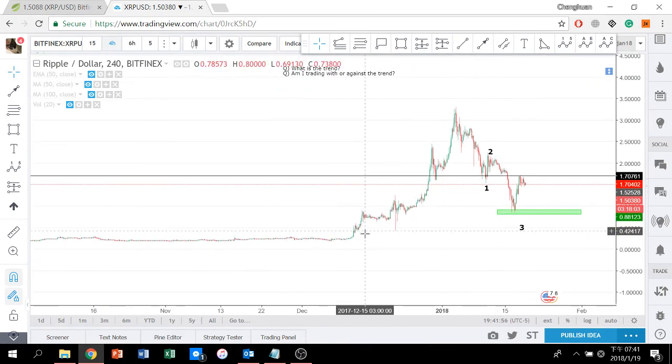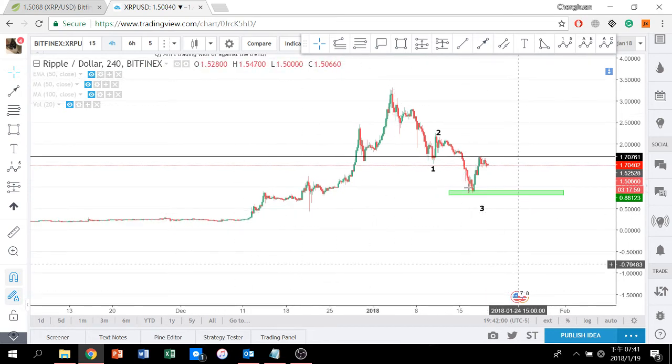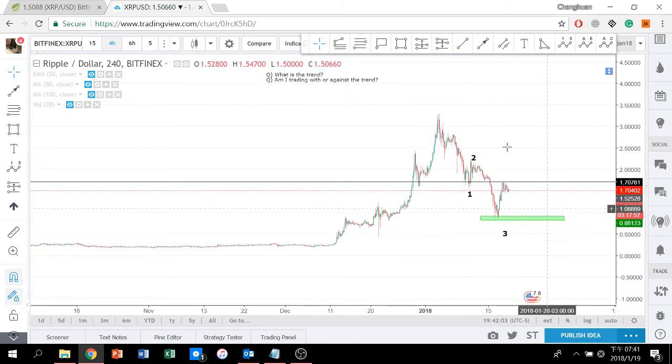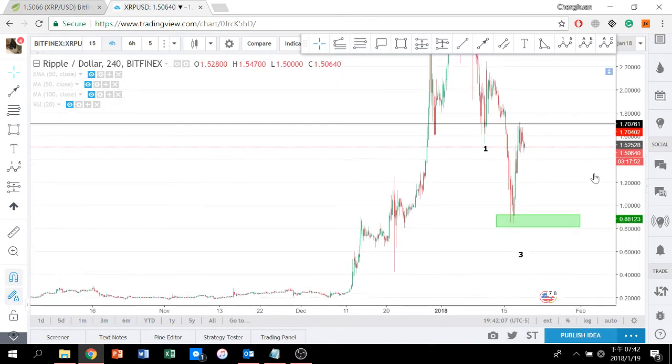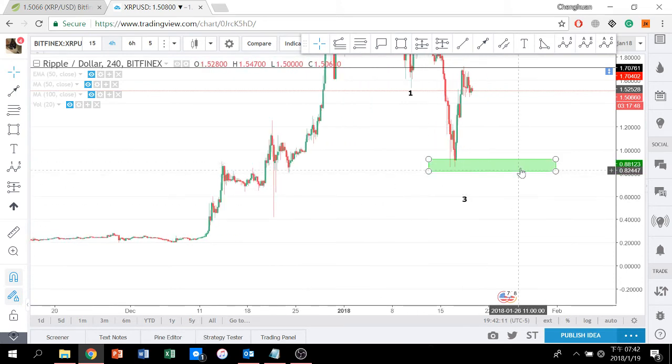Ripple really went crazy in mid-December. When the market goes crazy, it oftentimes retraces almost 100% back. So please don't be surprised if we touch around here. See, the low of 2 days ago was supported by a previous peak, right?